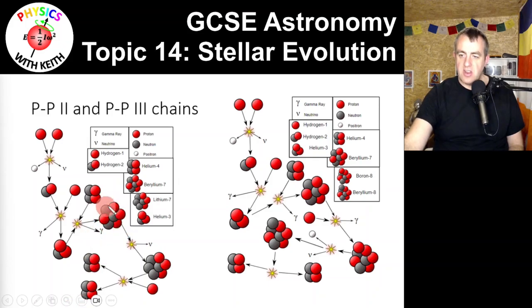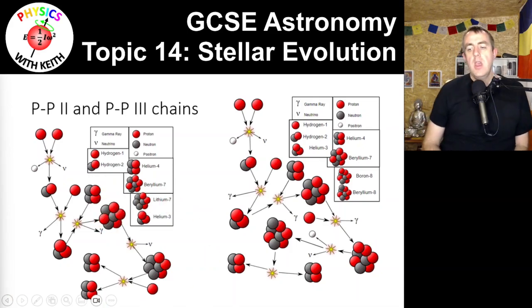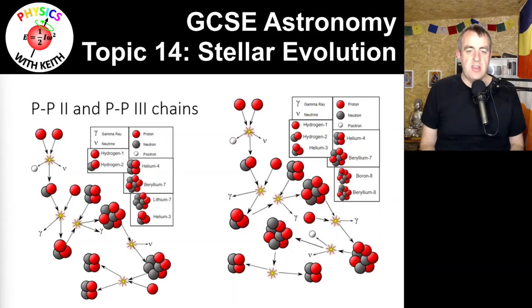This thing here, which you can see has got 4 protons and 3 neutrons, so that is beryllium-7. Now we know that this happens in stars because we've found evidence of beryllium in stars. That beryllium will decay into lithium, and there's a particle missing here.